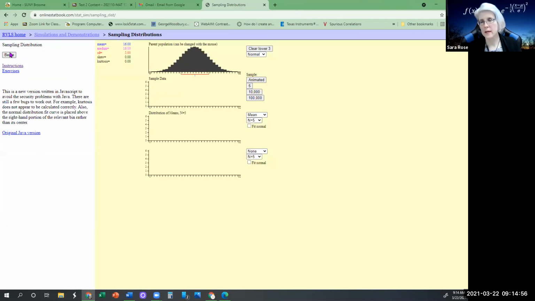And let's begin. Because what we are going to be talking about now is sampling distributions. And if you have an approximately normal distribution of your original data, let's look at what happens. And this is set up for means. I don't believe it will do proportions, but proportions act similarly. So let me do this one.